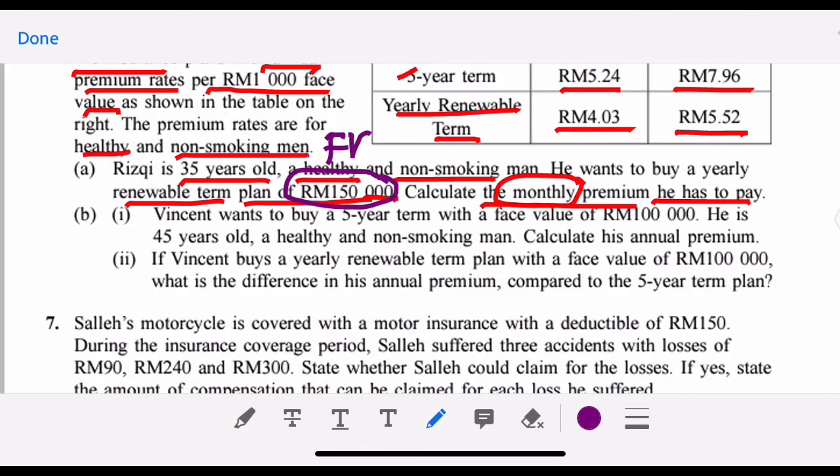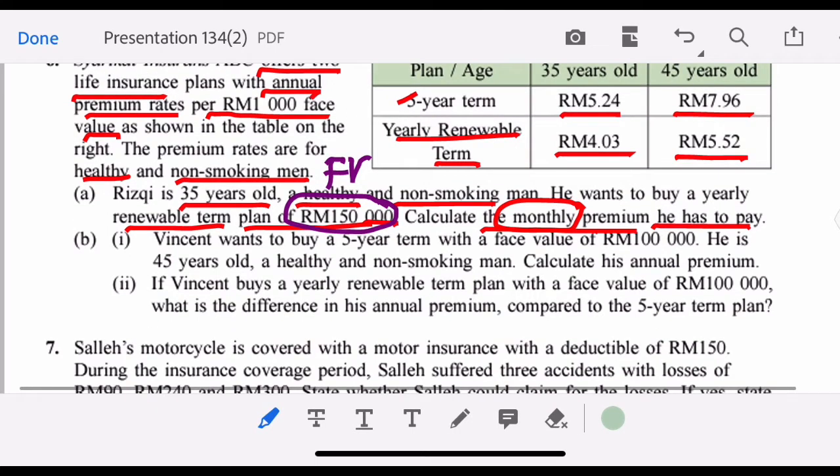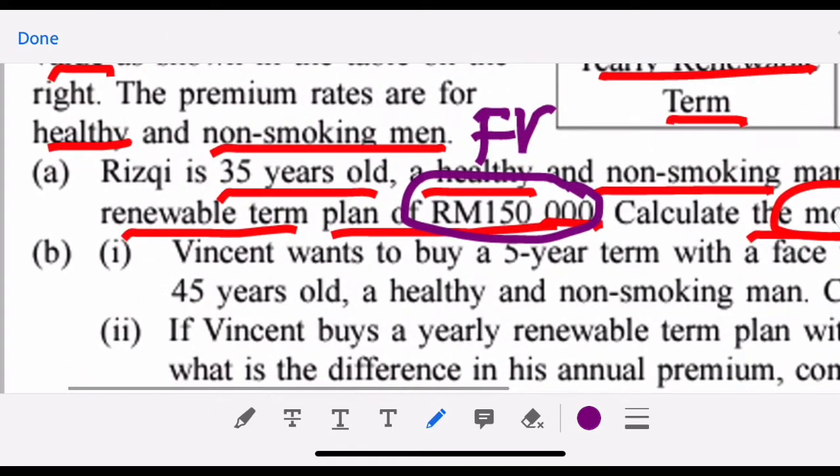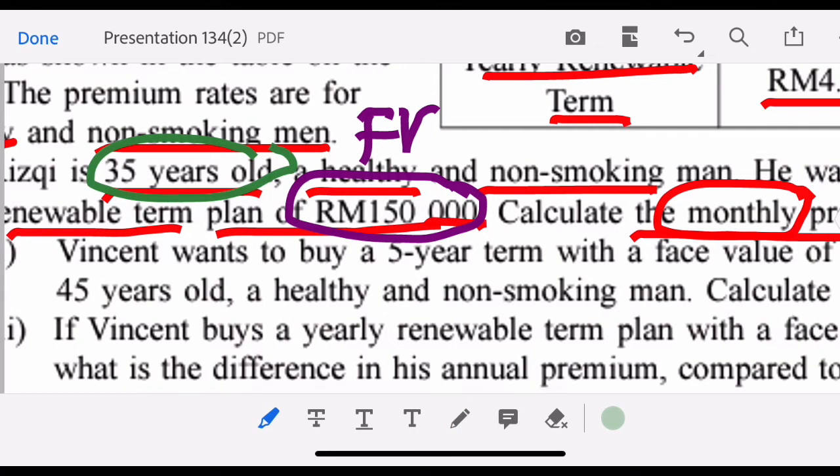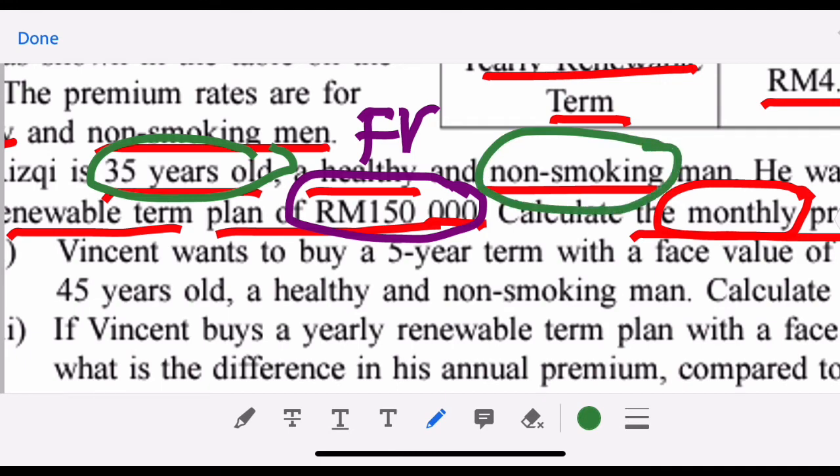Okay, for face value 150,000, let's see, Richie is 35 years old, healthy and non-smoking, right? This is very important. 35 years old, he is healthy, and non-smoking.